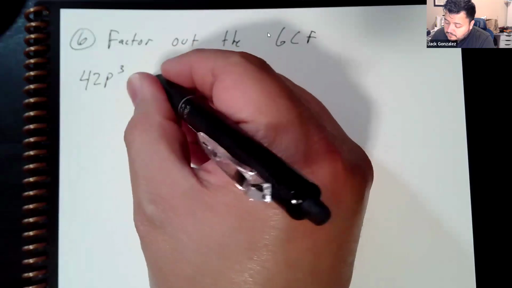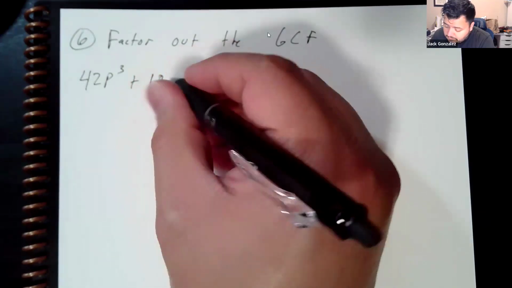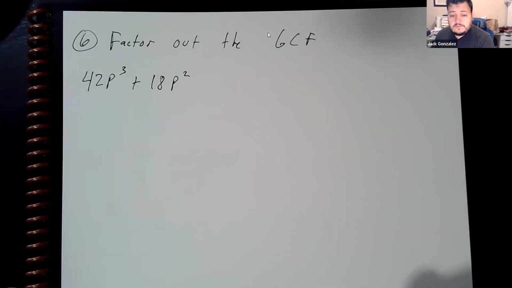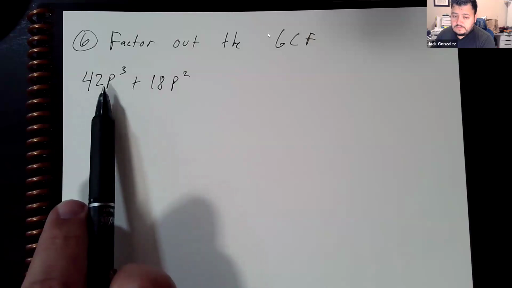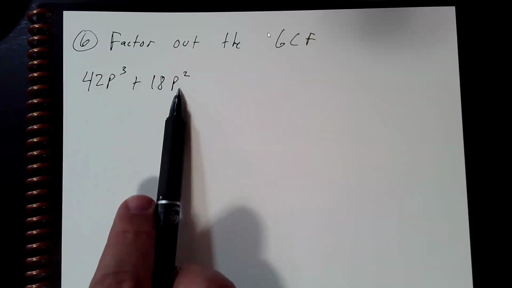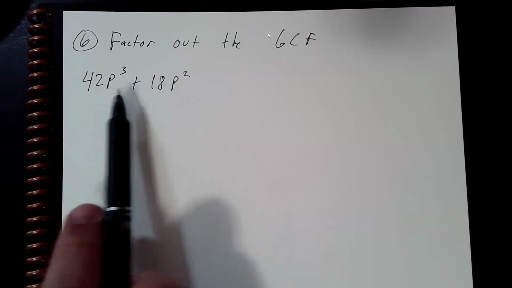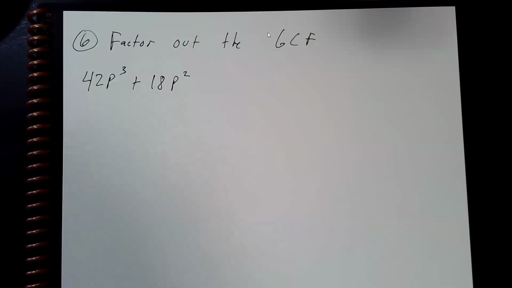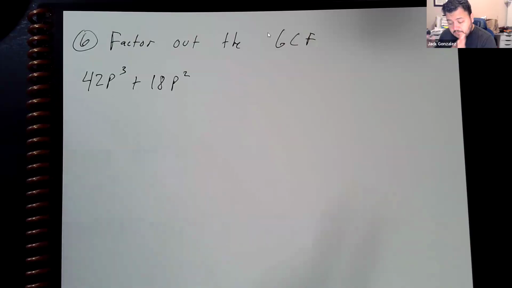Now, if you don't see it, or if you're bad at multiplying in your head, then break it up on the side somewhere. The first thing we should think about is the p's, right? If this has 3 p's, this has 2 p's. So at most, how much do they have in common? P squared. Yeah, so you can factor out p squared from both, right?